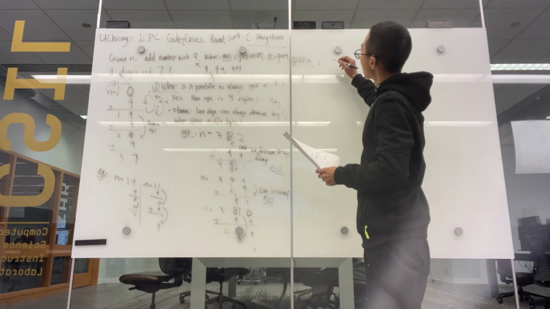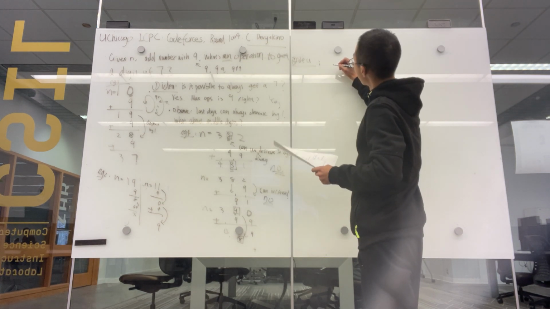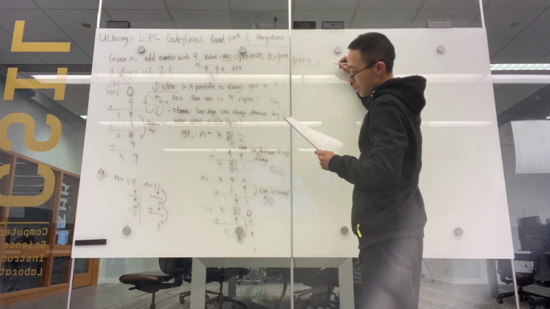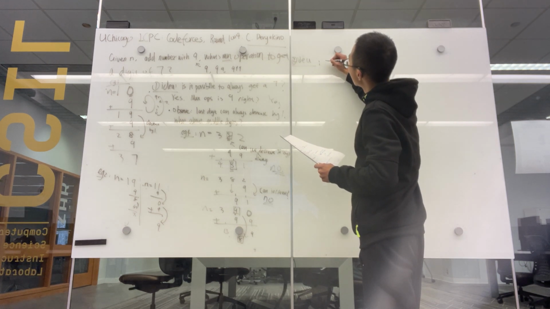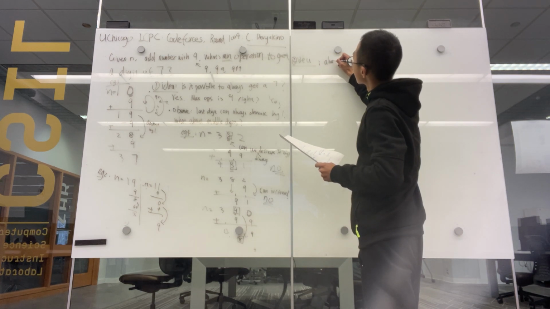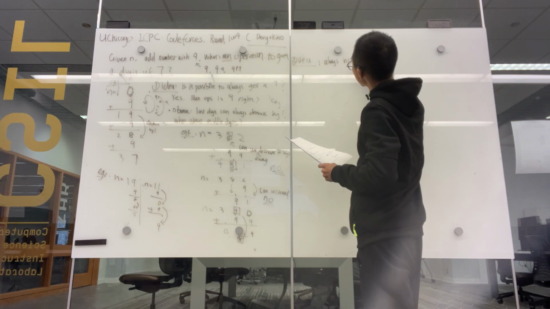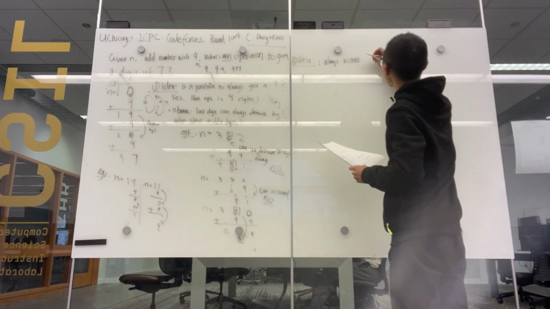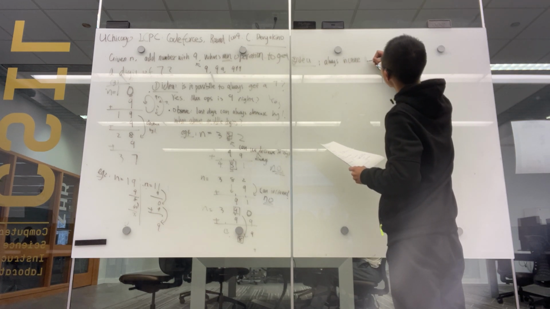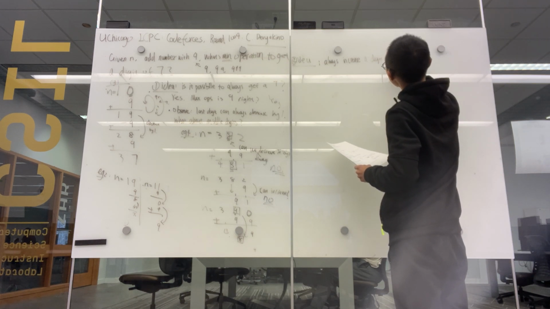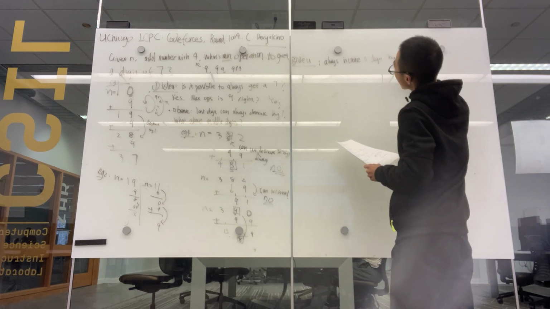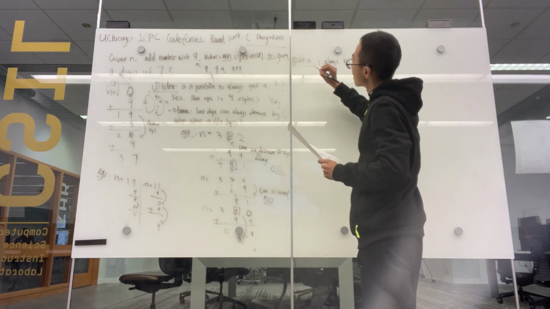But what if, with idea 2, we can always increase a digit by 1? And how to do that?